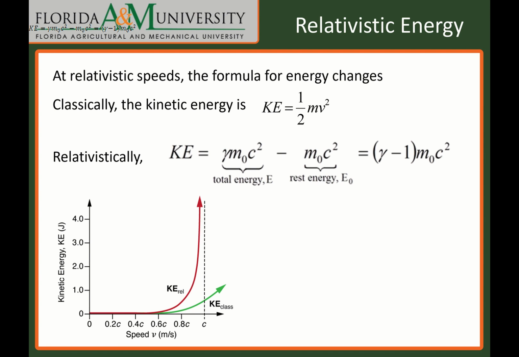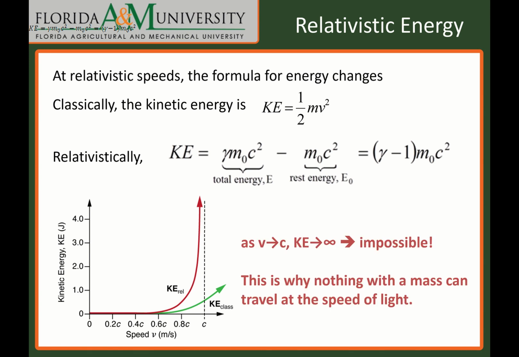So the total energy minus the rest energy is (gamma minus 1) m0 c squared. And you can see the picture down the bottom of the classical expression for the kinetic energy. That's just a quadratic, kinetic energy goes as v squared.